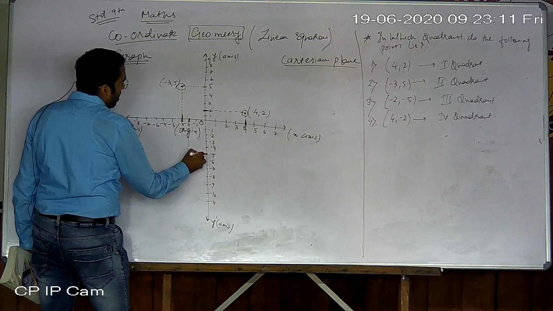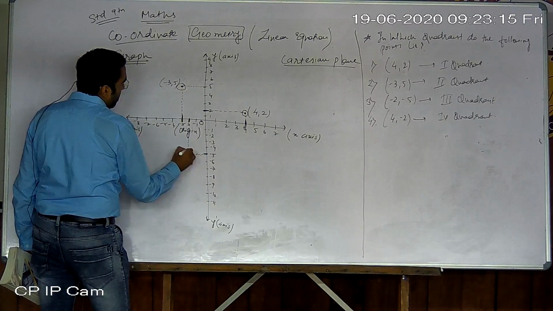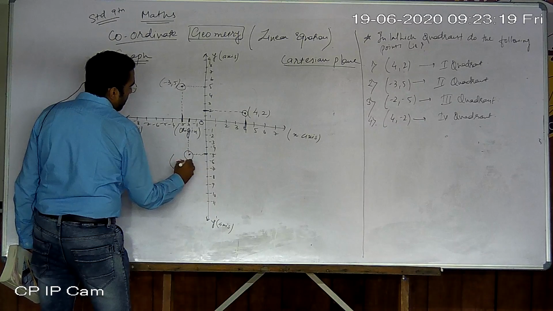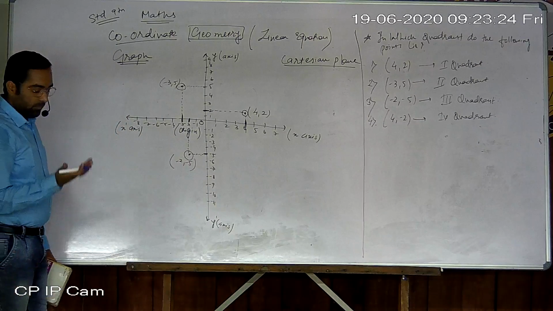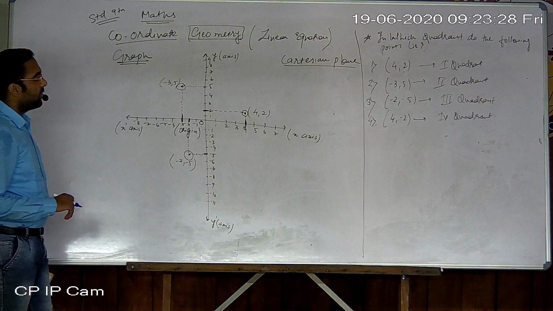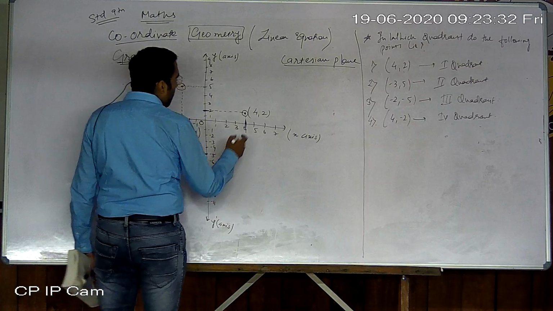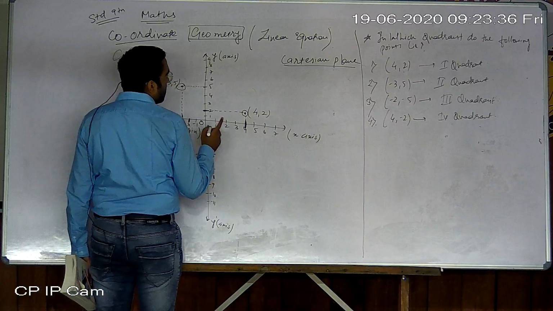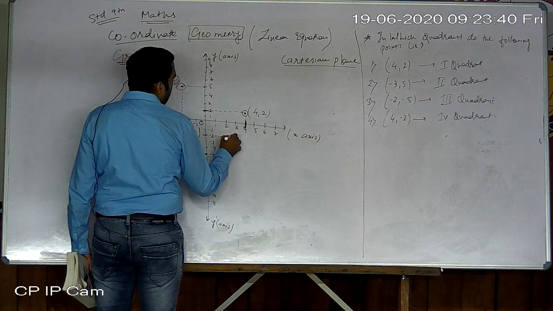Here is my point, minus 2, minus 5. Now for the fourth point, the value of x is 4 and the value of y is minus 2, therefore it lies here.